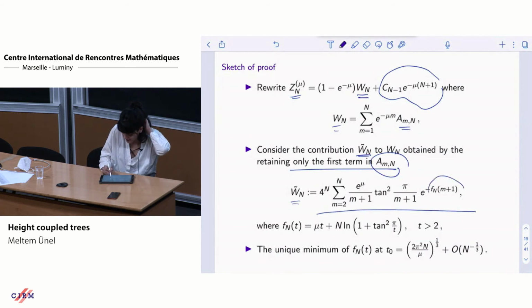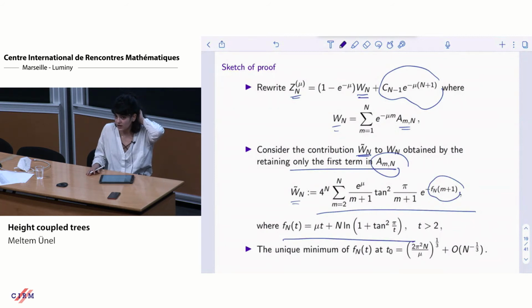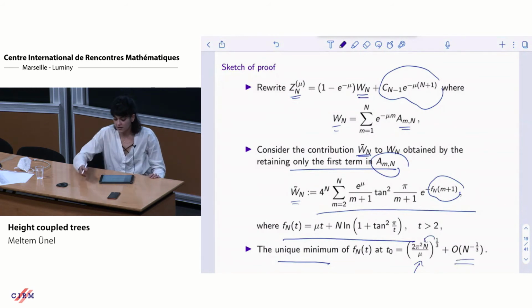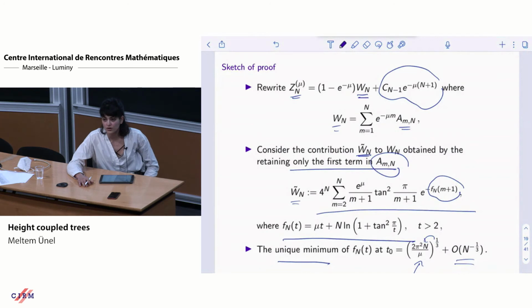This Fn n plus 1 is given by this expression here. And then I'm going to look at around the unique minimum of this function, which is given by 2 pi square n over mu to the 1/3. So this is where the 1/3 comes into play. And an order n to the minus 1 over 3 term.